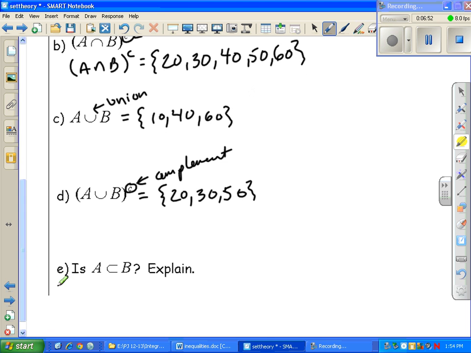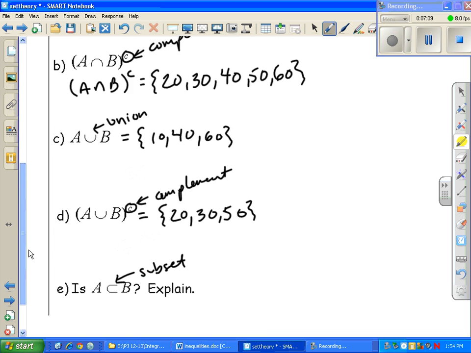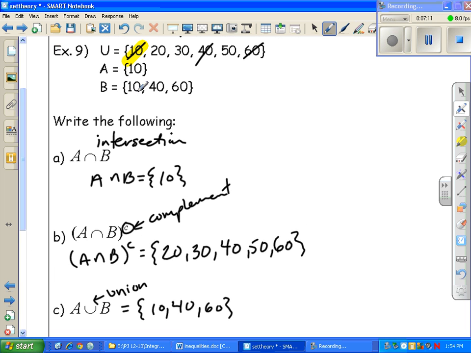And the last question goes back to what we learned early in class, which was subsets. This question is asking, is set A a subset of B? In other words, is set A a smaller group of B? So let's take a look. Well, here's B, 10, 40, and 60, and A has 10 as its only element.